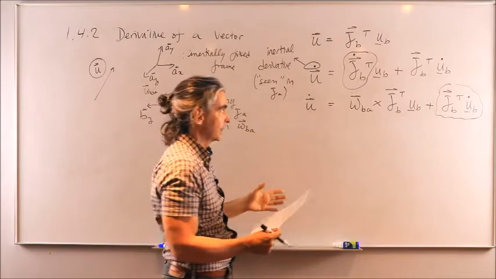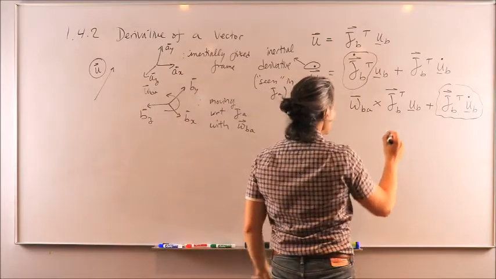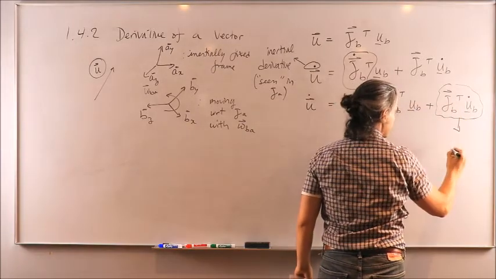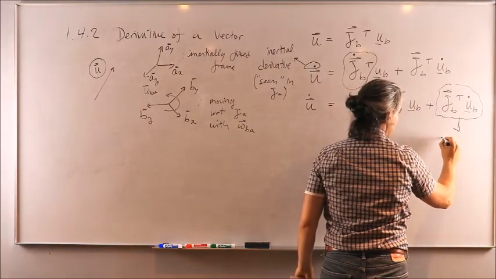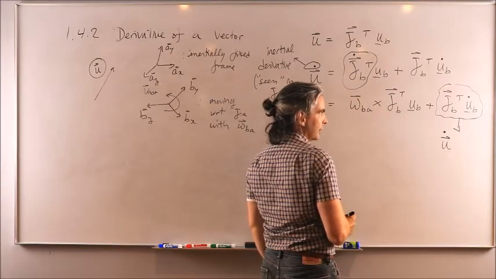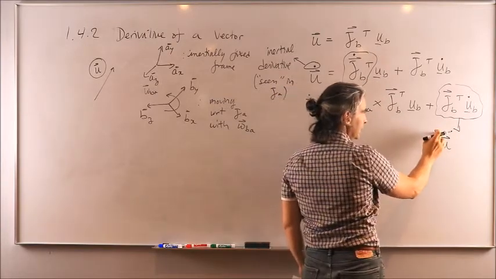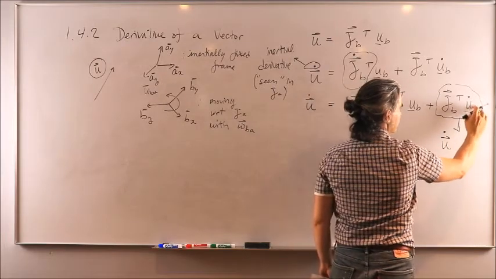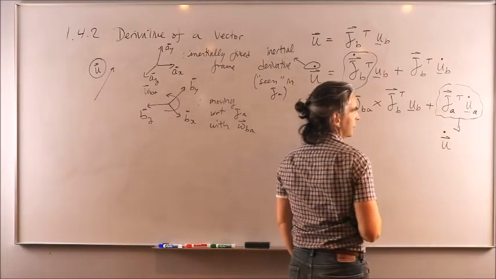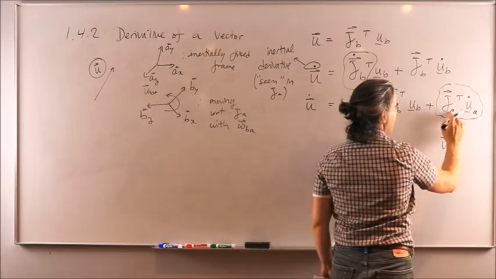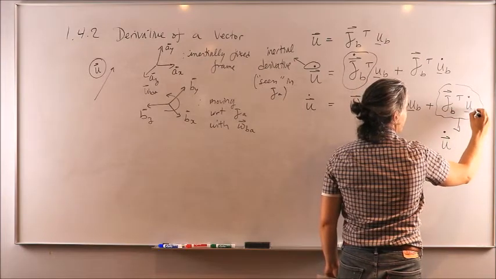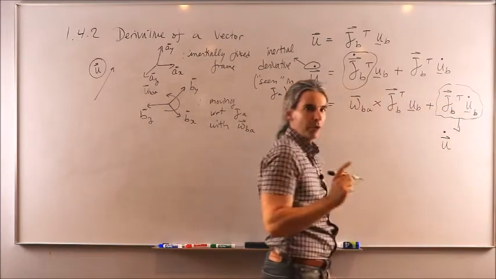I talked about that a minute ago. This is a vector, the u vector, but it's not the inertial derivative of that vector, because if it were, the components would have been seen in reference frame A. But that's not what we have. What we have is the time derivative of this vector, but seen in the moving reference frame.